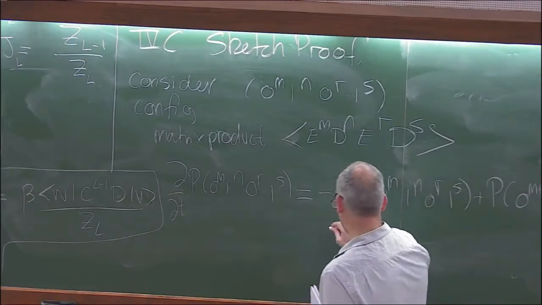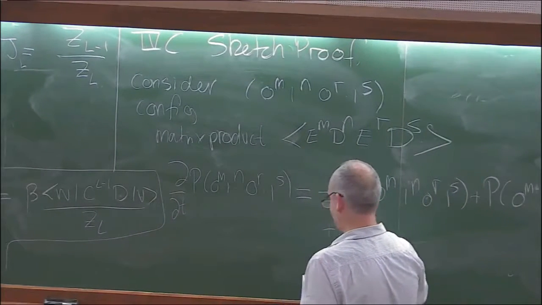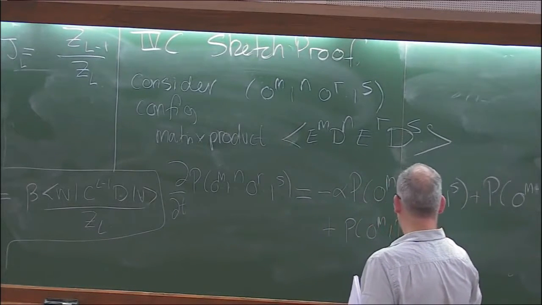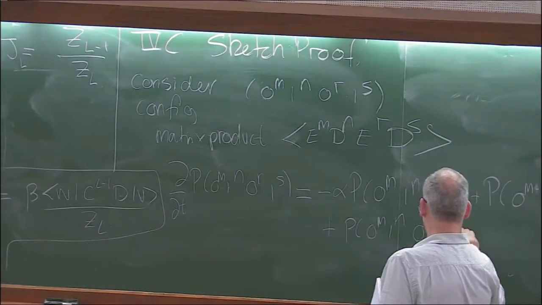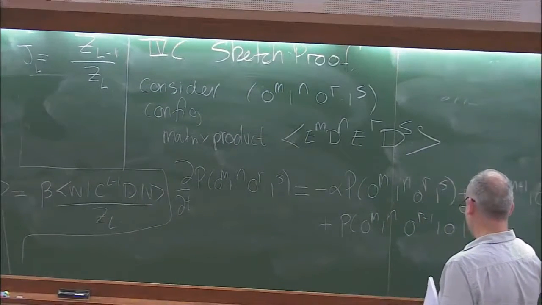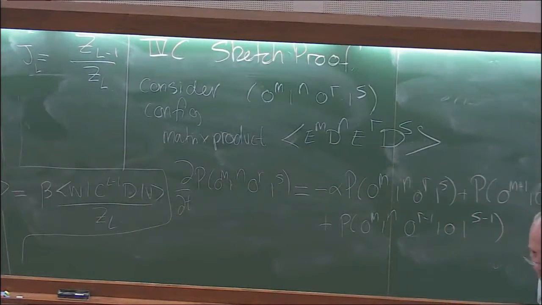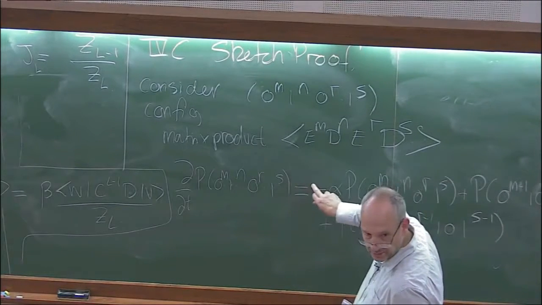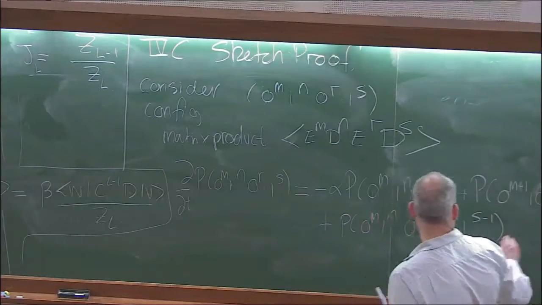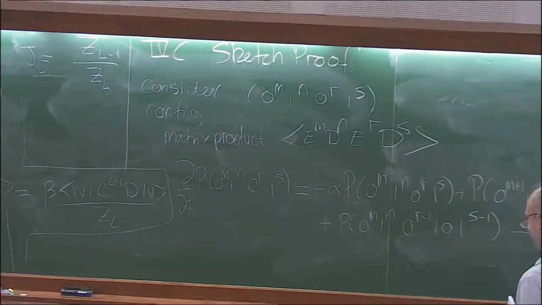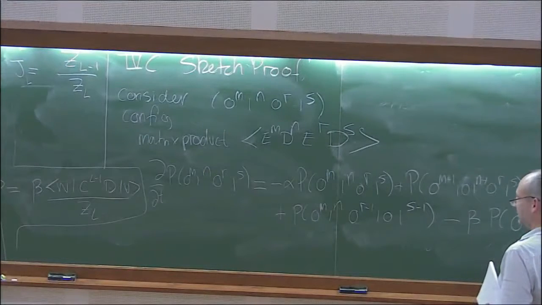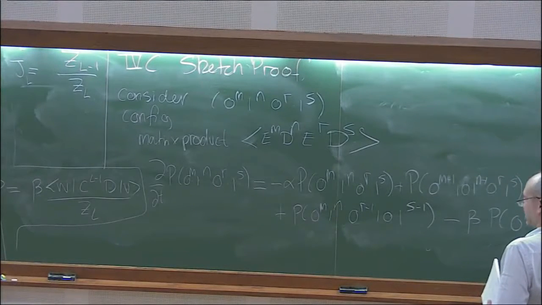So I get plus P of 0^m 1^n 0^(r minus 1) 1 0 1^(s minus 1). And finally, I can leave from this one, which it does with rate beta. So I get minus beta P(0^m 1^n 0^r 1^s).